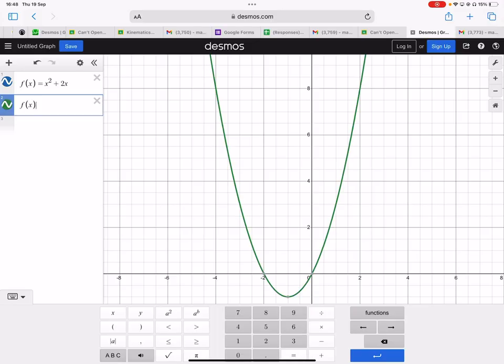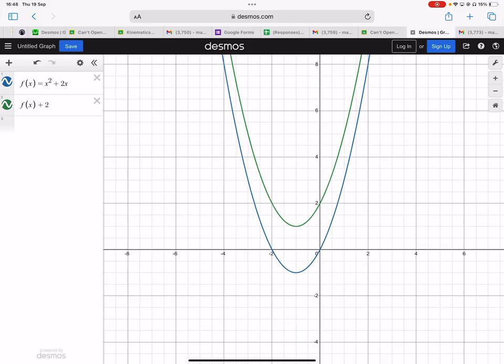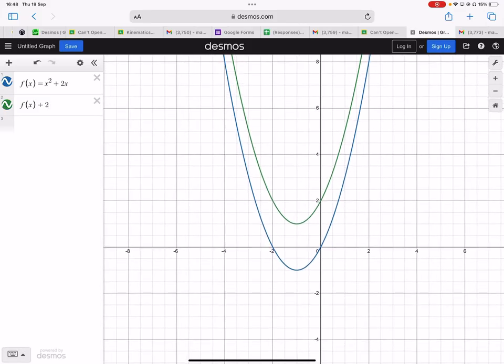If you add 2 to the whole function, plus 2, this is what happens. The green graph is what you get. Every point moves 2 units up. So the turning point that was at -1 earlier, that goes to +1, the y value of that, right? The x-intercept that was at 0, this point at 0, these points go to 2 instead, right? The y value increases by 2. So blue was the original graph, green is the transformed graph.